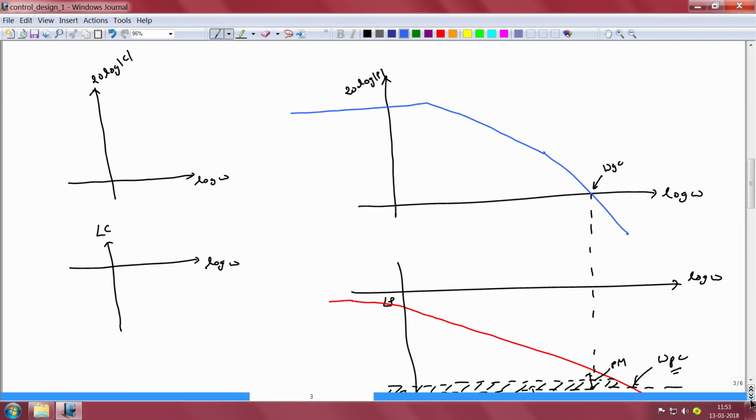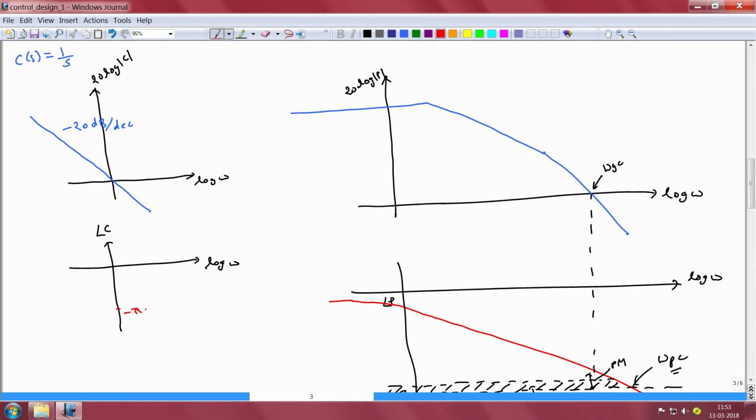So, the transfer function of an integral controller is C of S is equal to 1 by S. If we were to draw the Bode plot of an integral controller, we would have the magnitude characteristic to be a straight line of slope minus 20 decibels per decade, and the phase of this transfer function, when we set S is equal to j omega, we will see that the phase angle of C will be equal to minus 90 degrees.